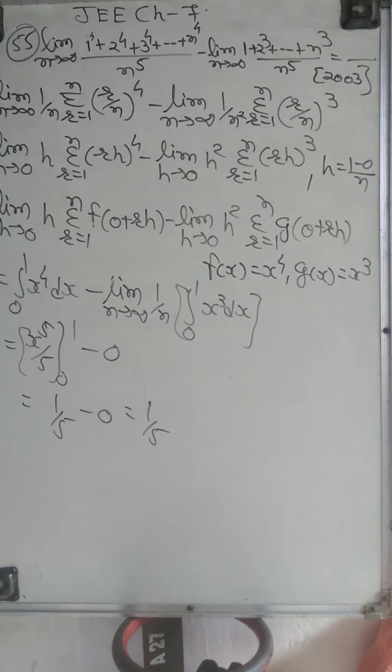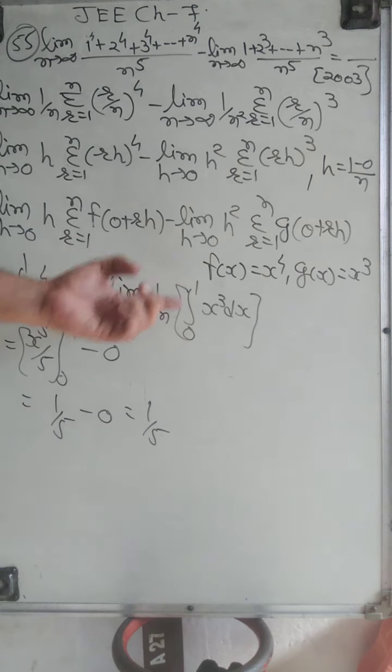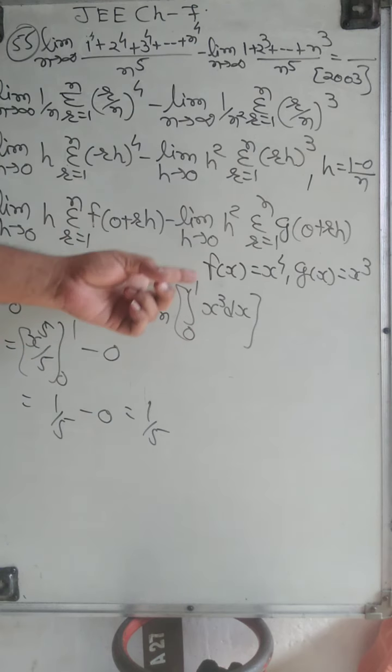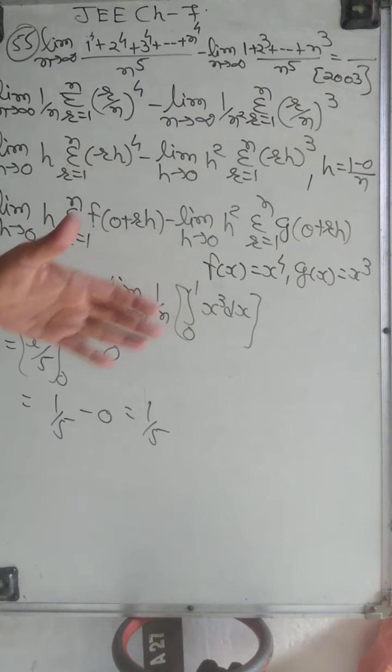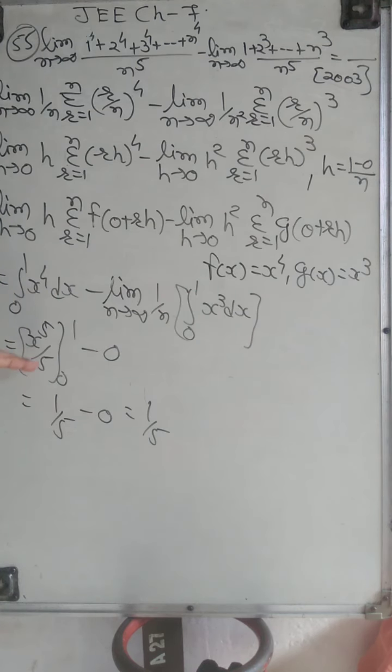And we directly put f(x) as integration 0 to 1 of x raised to 4 dx, minus limit n tends to infinity, 1 upon n we take outside, and the second one is integration 0 to 1 of x cube dx. Now this becomes 0, so we cannot solve it. We just solve x raised to 5 by 5 from 0 to 1, which is 1 by 5, the answer. Okay.